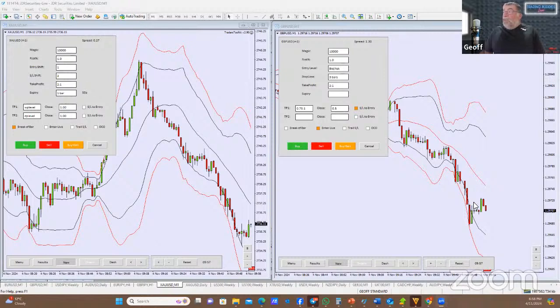So what we would do is put an entry here and put our stop loss here. This one doesn't look too flash at the moment. And really, it's timing. This is all about timing: time of day, not just time of the minute that you're in front of the charts. So I will place that order.